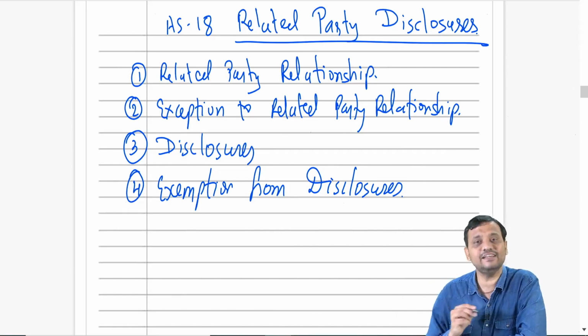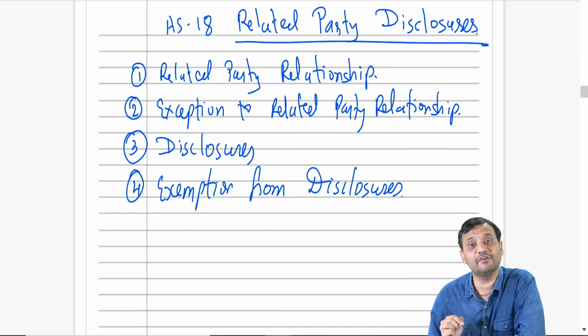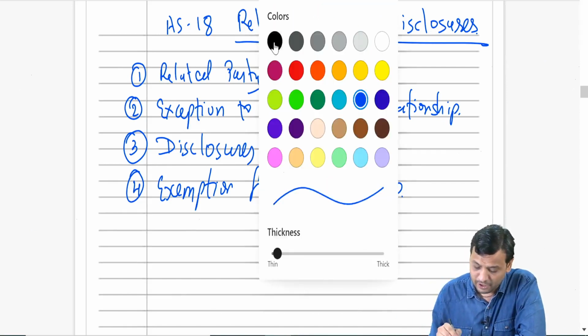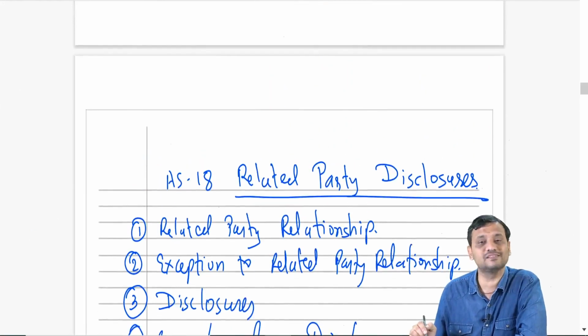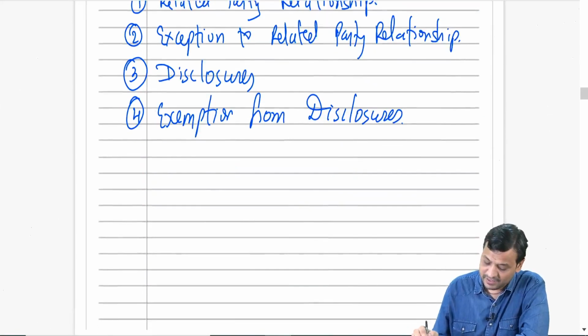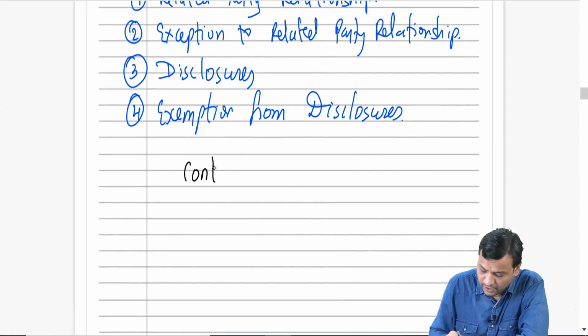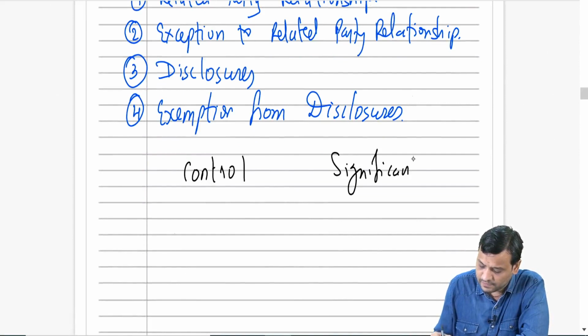Of course, entities are considered to be related if at any given point of time one entity is able to control or exercise significant influence over the other. Means the relationship can come either because of control or because of significant influence.